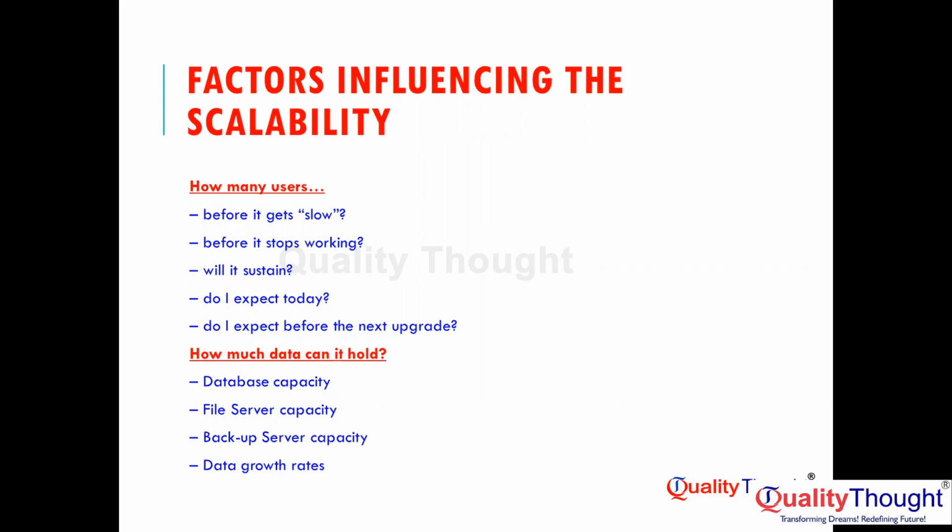Right? How many users is the biggest problem in our performance testing. All our testing revolves around how many users. Before it stops or gets slow, for how many users is it sustainable? How many users will come tomorrow, how many users will come on a special offer day? Those things come into the picture.